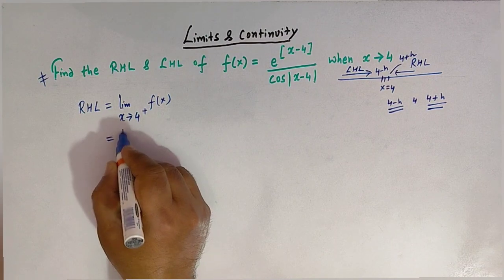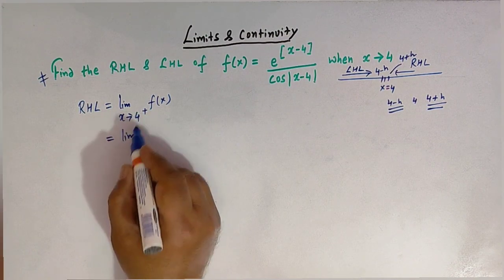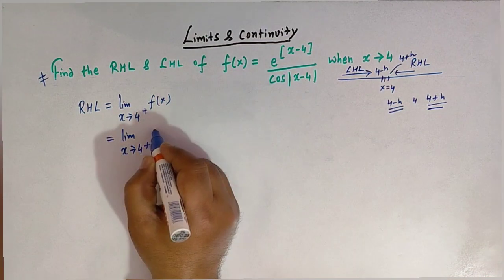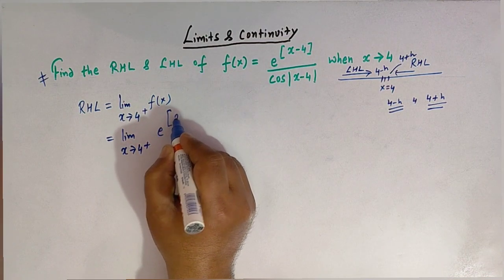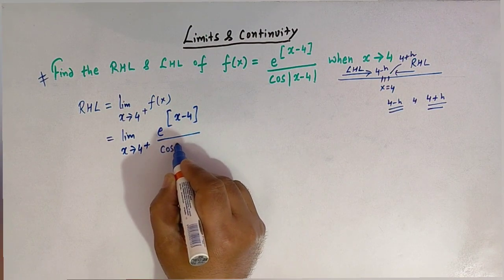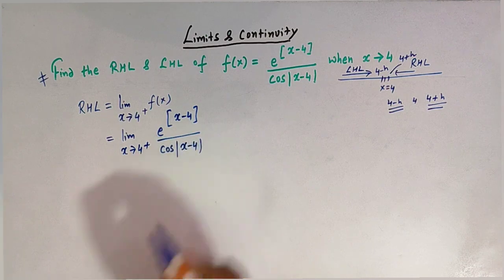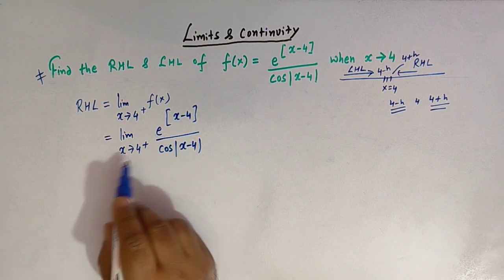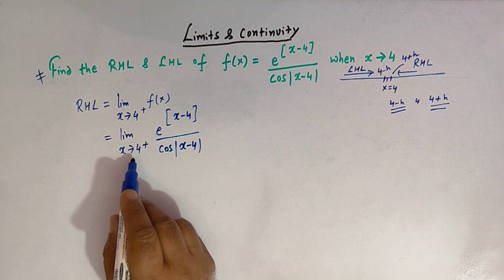So now here we can write limit x tends to 4 plus, and for f of x we can now write e raised to greatest integer of x minus 4 divided by cosine of mod of x minus 4, right? So now here we'll make use of the method of substitution.